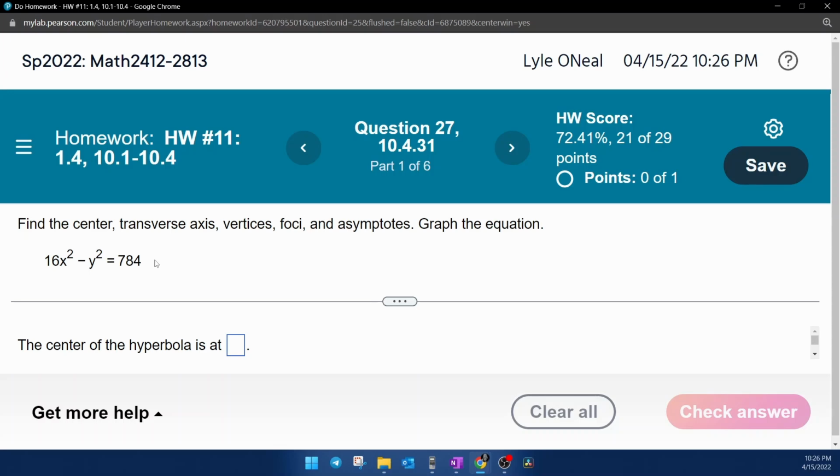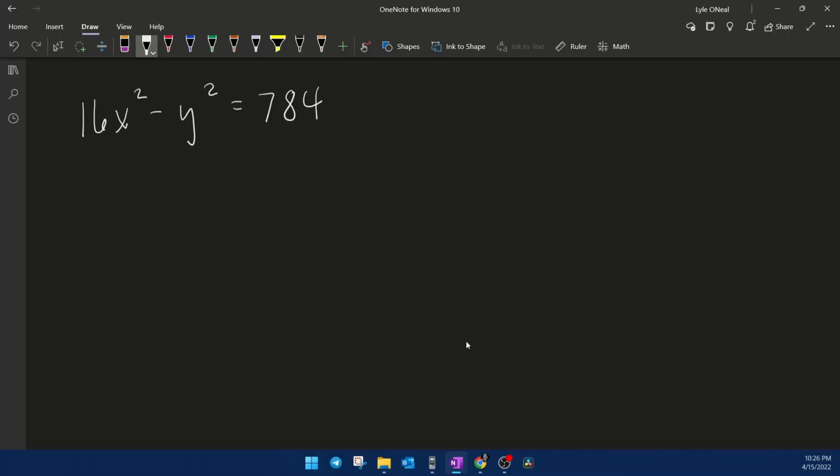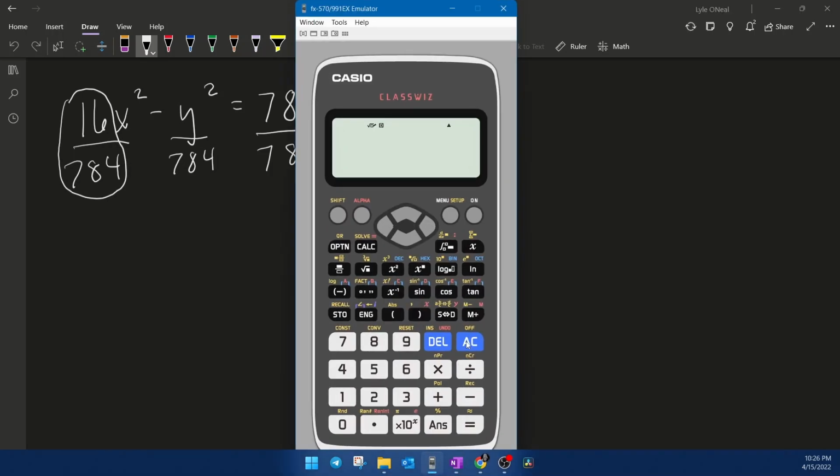Alright, so with our equation copied down over here, we know that this side over here must be 1. So we're going to have to divide by 784 all the way through in order to get this to be in standard form. Now, to figure out what this fraction is going to reduce to, I'm going to use the handy dandy calculator.